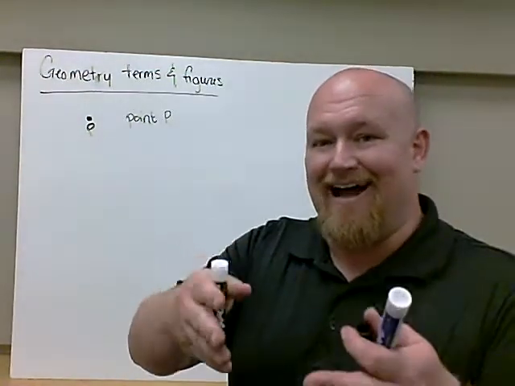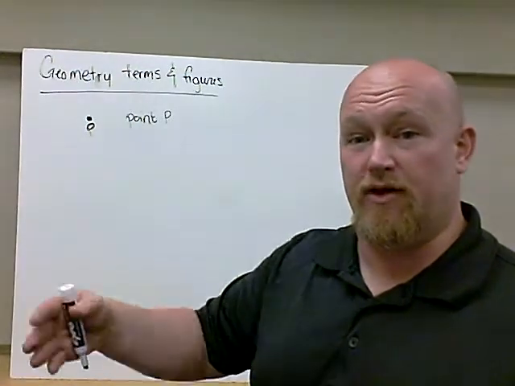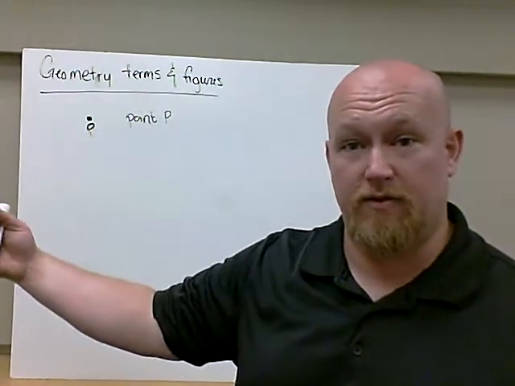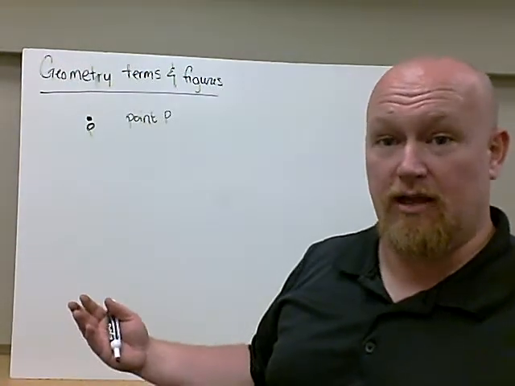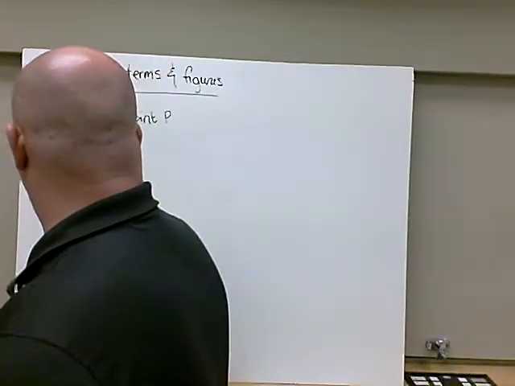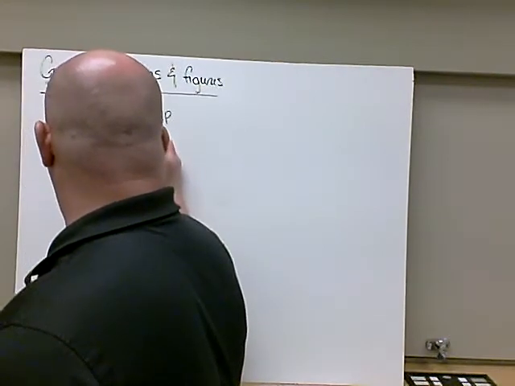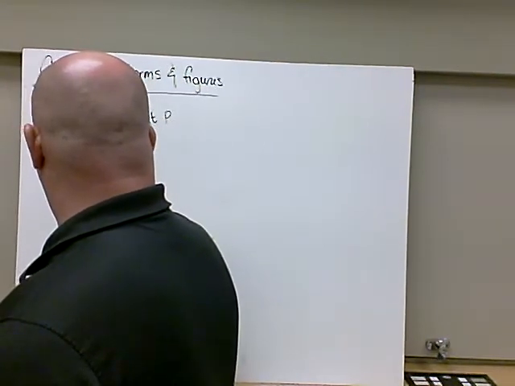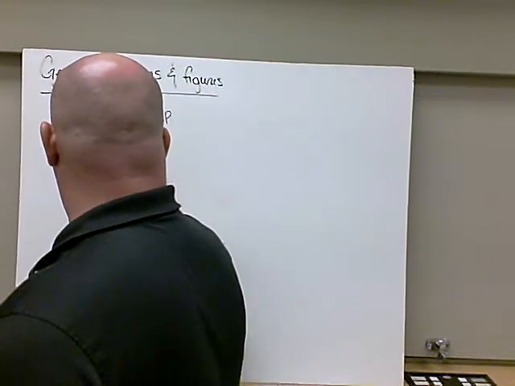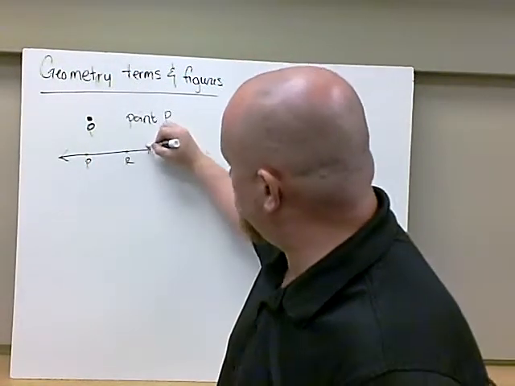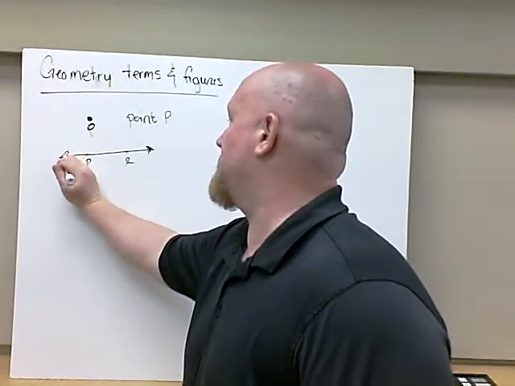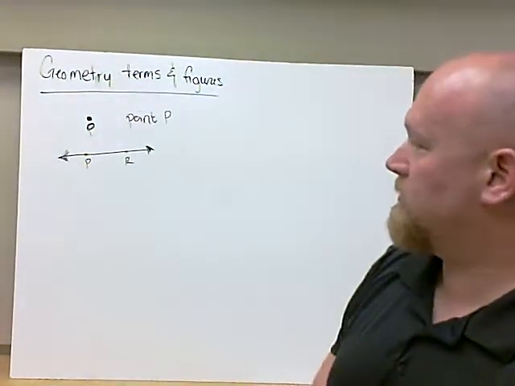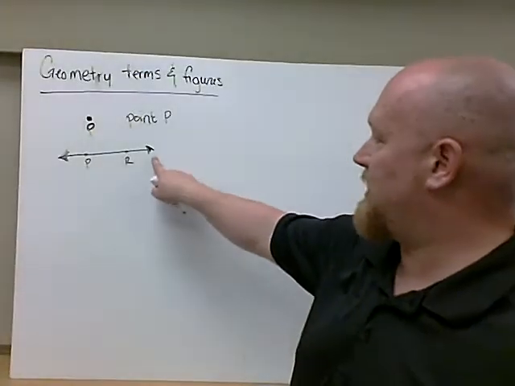If we take a lot of different points and we put them together in one continuous path, we get the next most common geometric term, a line. Lines go on forever and ever in both directions, and if you want a line to go forever and ever, it has to have these arrow points on the end.